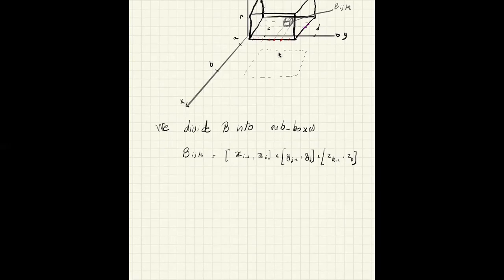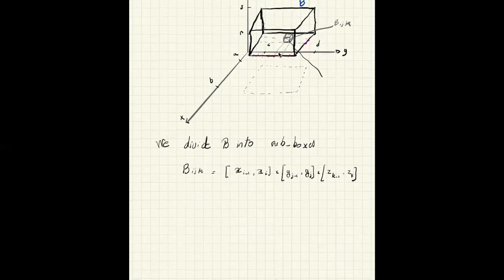And then you choose a point inside, call it x_ijk star, y_ijk star, z_ijk star, because now if you want to label them, you'll need three indices, since you're moving inside a three-dimensional space. You go along the x-axis, then the y-axis, then in the z direction.